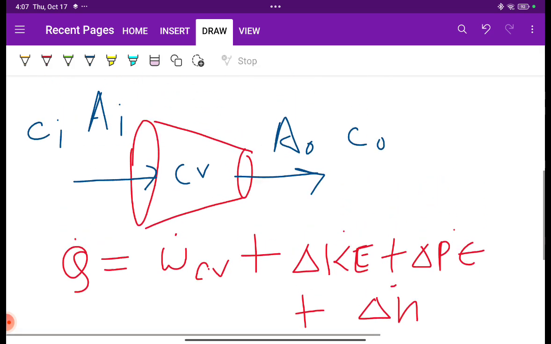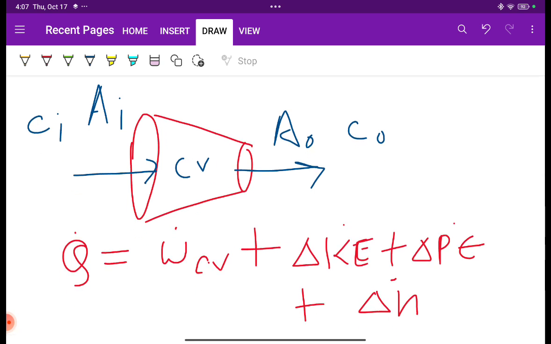In this diagram we can clearly see that there is no work interaction in the control volume. For that there would need to be some change in, say, electrical energy or potential energy within the control volume, but here the liquid steadily flows in from here and comes out from here.